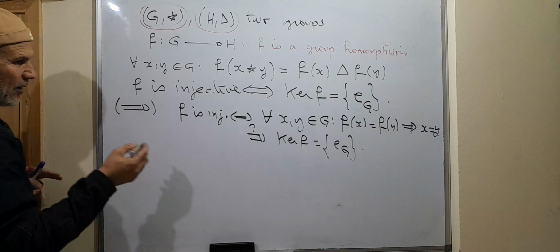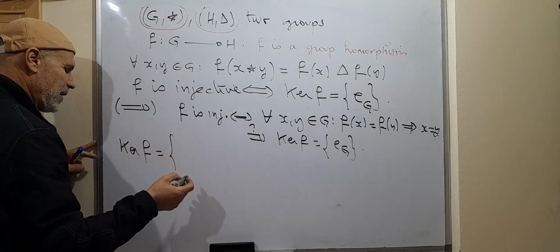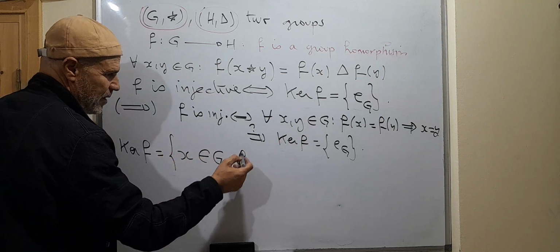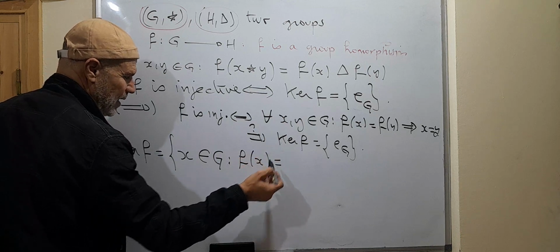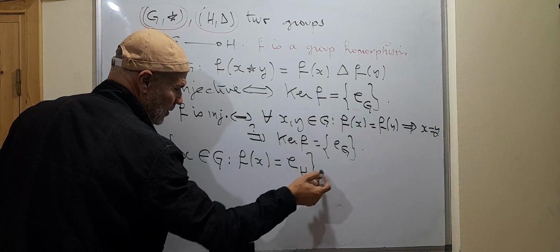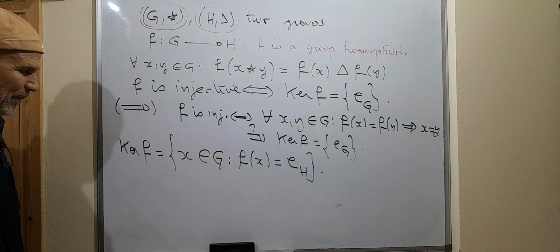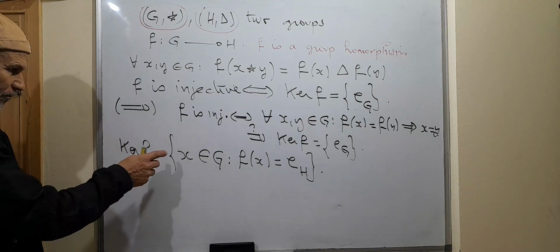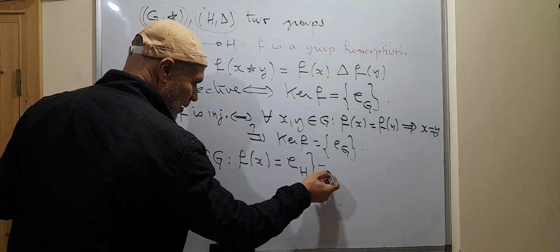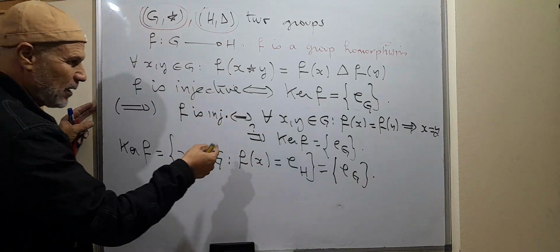How can we define the kernel? The kernel of f is defined by all the elements x from G such that the image is the neutral element of H. We have to prove that this set is reduced to e_G.